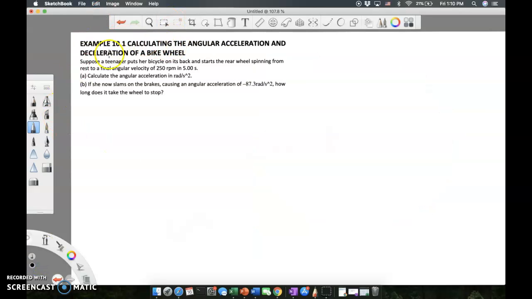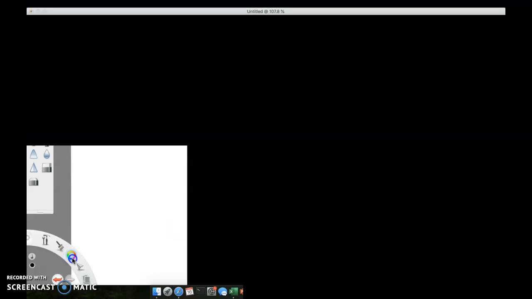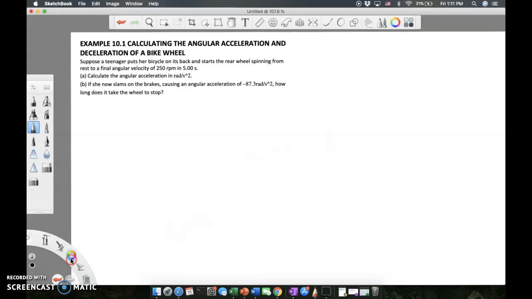So here is our first example, example 10.1. We suppose a teenager puts her bicycle on its back and starts the rear wheel spinning from rest to a final angular velocity of 250 RPM in 5 seconds. We want to calculate the angular acceleration in radians per second squared.